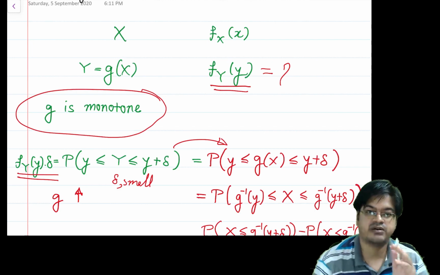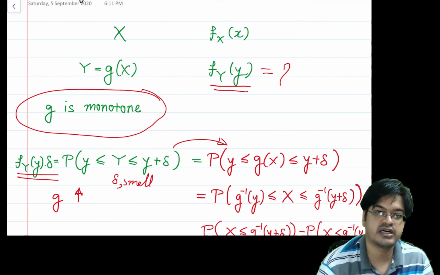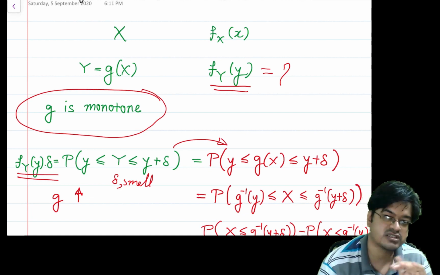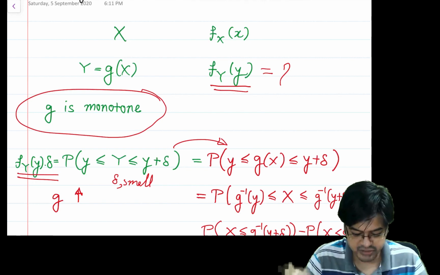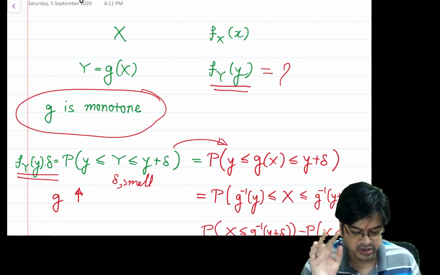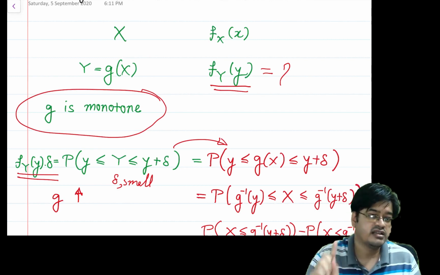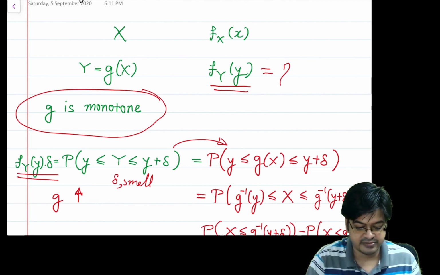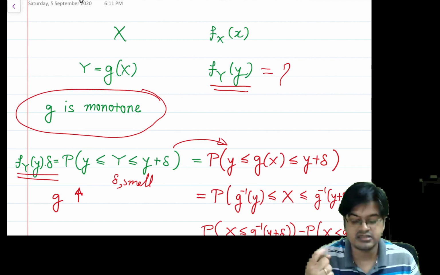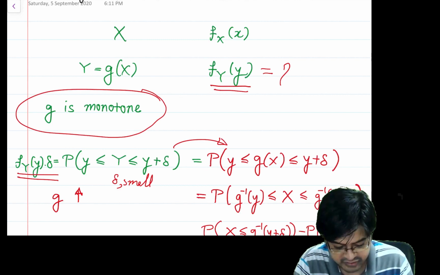Now as per our standard operating procedure, when we were considering CDF, we were converting the function of x to probability in x. So the same thing you will do. Now your g is monotone, so either it will be increasing or decreasing. That means g inverse, the reverse of g, is well defined. So you apply that g inverse on both sides. We are considering an increasing function, so there won't be any alteration in inequalities.